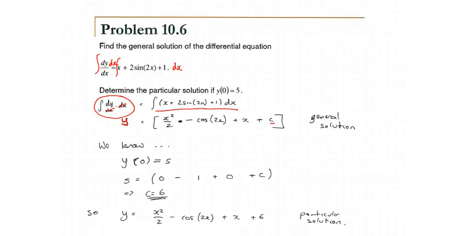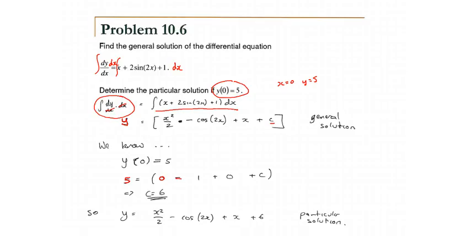And the boundary condition here is given here, so that means when x equals 0, y must equal 5. So y equals 5, and then we put in what x is when x equals 0. So I've got a 0 there.